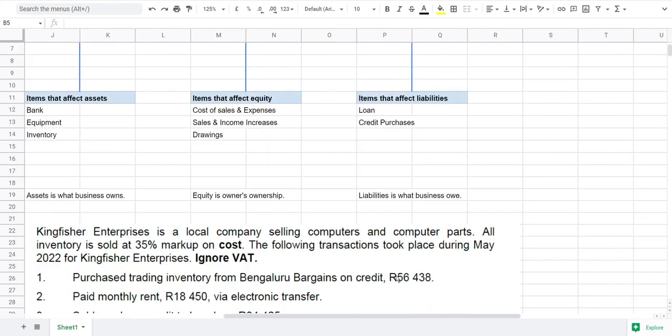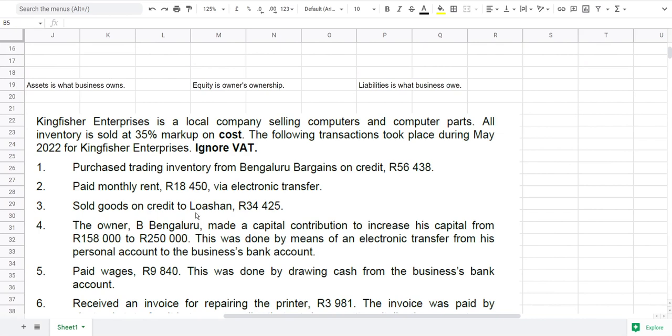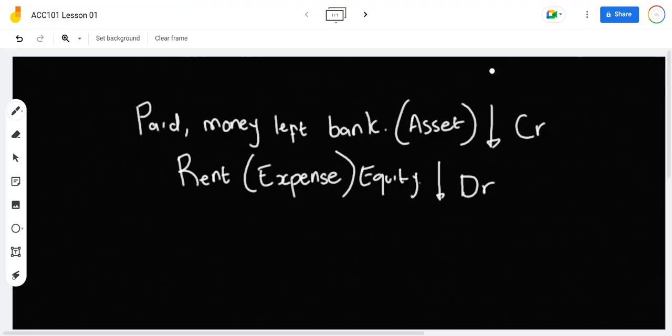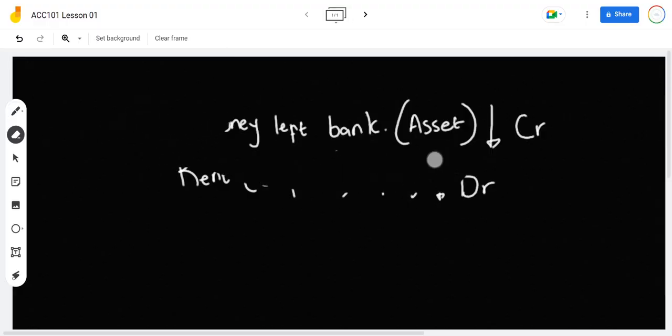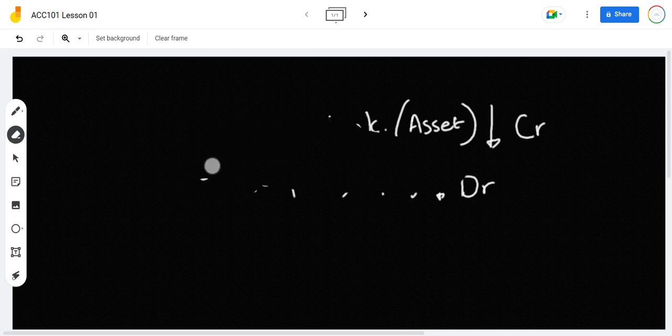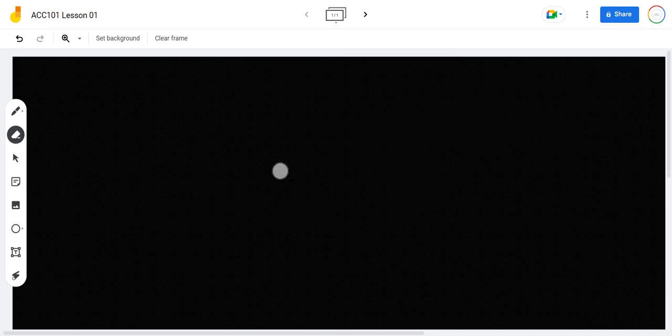Alright, so let's check the next transaction, which is number 3. It says we have sold goods on credit to Lower Shen for 34,425. Okay, again, let's analyze the transaction. So always very important to analyze the transaction before you even write into your accounting equation.